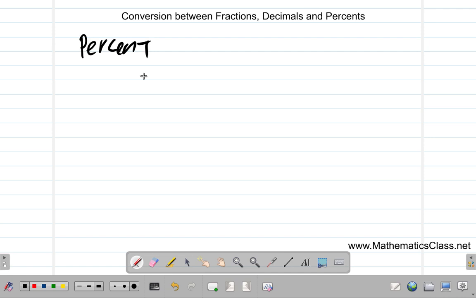Now you have two parts to this word there. You have per and you have cent, right? Now per mean out of, just like when they have kilometers per hour, it mean how far you travel, the distance you get out of every hour, right?